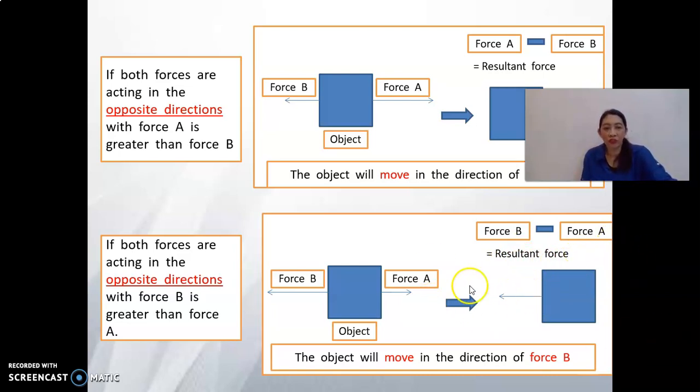You need to write that the arrow is going to the left because force B is greater than force A. The object will move in the direction of force B.